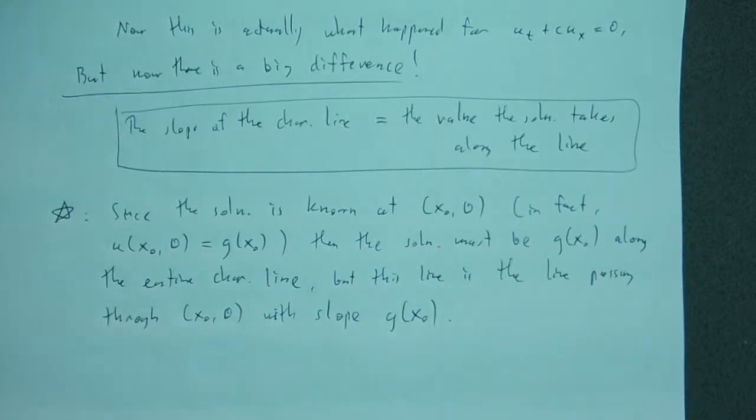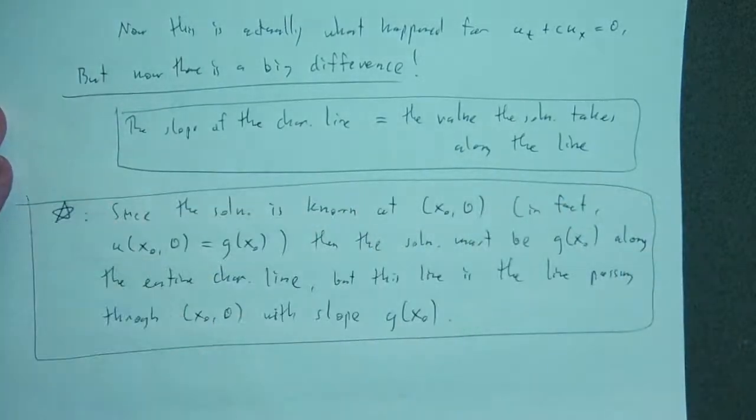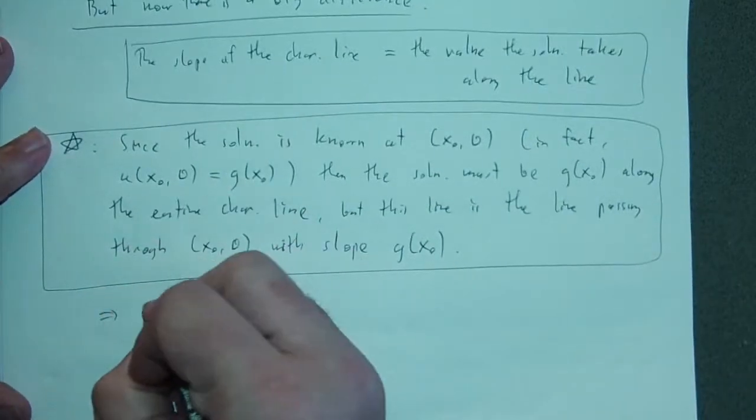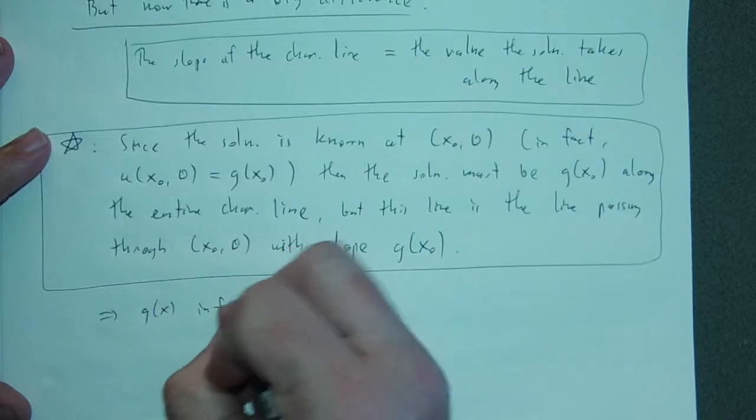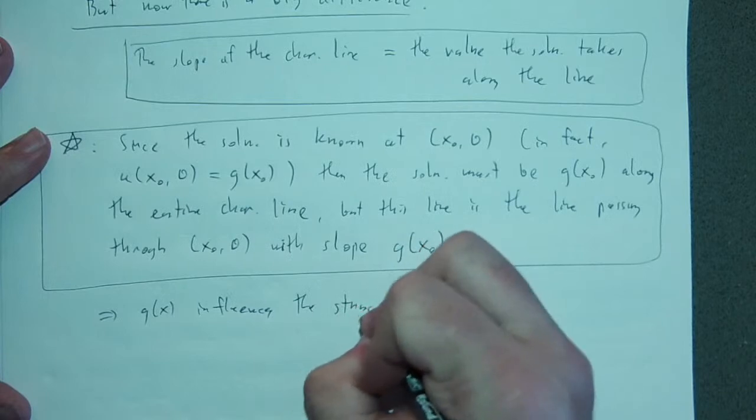But here, like I said, is a perfect encapsulation of some of the things you get with nonlinearity. So this is what's going on. Now, what this means is that g of x influences the structure of the characteristics.